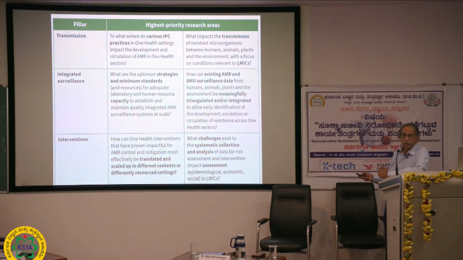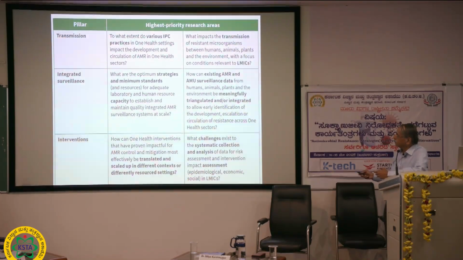Is there evidence that if you minimize the use of antimicrobials or reduce the need for antimicrobials, does the AMR come down? So we need to evaluate the infection control practices and see whether they require any modifications. How can we improve the current practices based on the assessment of the impact, development and circulation of AMR in One Health sector?